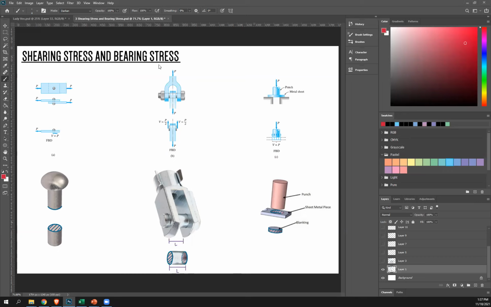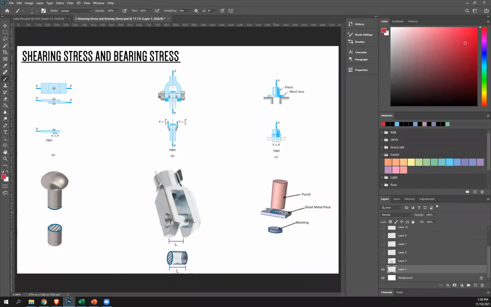And then finally, we have your punch. This is your punch, usually it's a cylinder creating a hole on a sheet. If you can imagine, what's going to happen there is this perimeter of your cylinder will create shear force, hence shear stress on your sheet this way. So a better look is over here. This is your sheet.